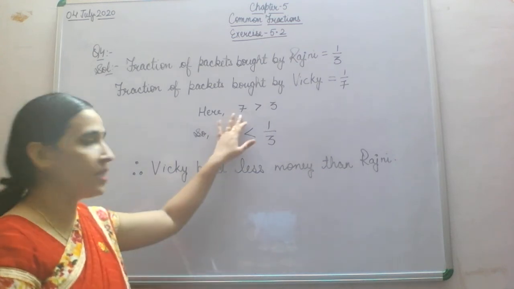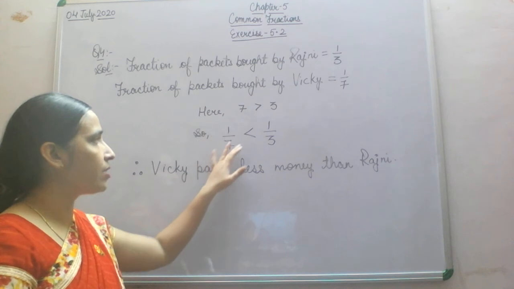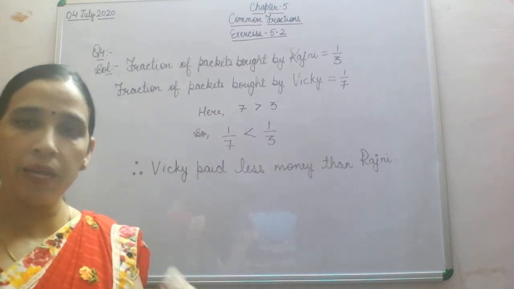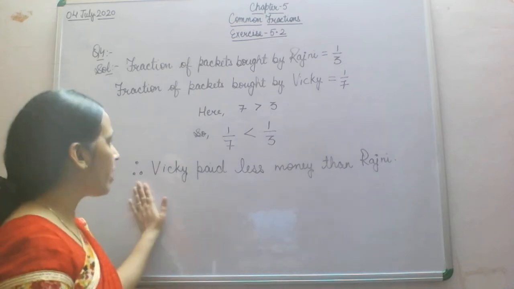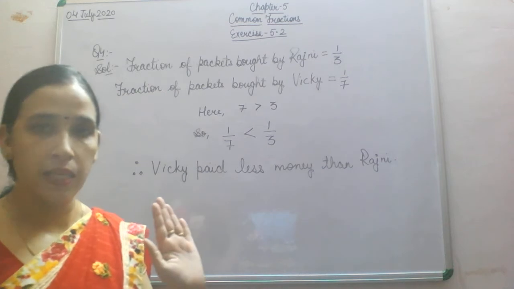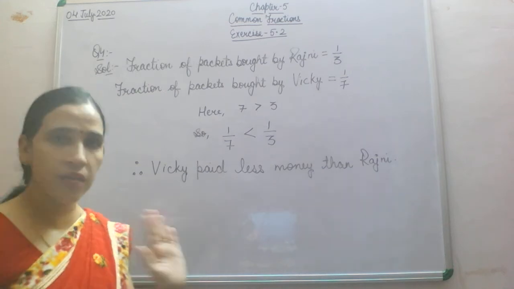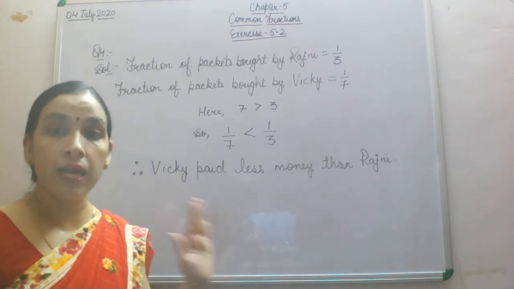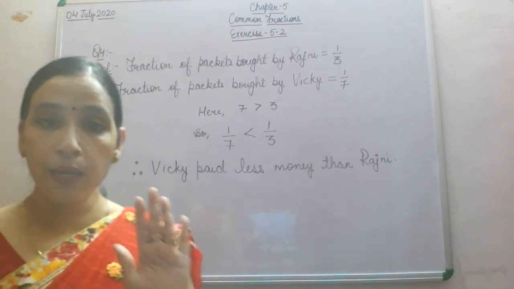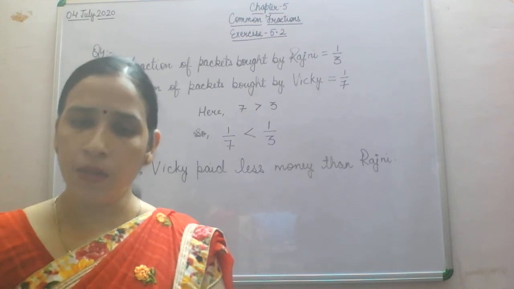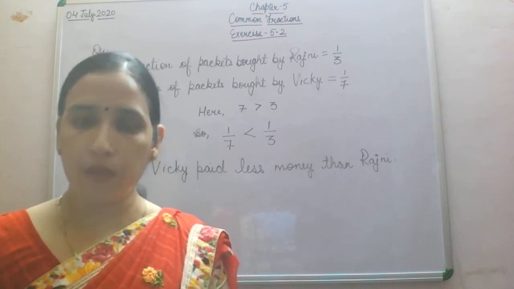So if 7 is greater, then 1/7 is going to be smaller than 1/3. Then 1/7 will be lesser. So who bought 1/7 of the packets? That is Vicky. Therefore Vicky paid less money than Rajni. That is the question only. In the question it is asked who paid less money, just only for that.